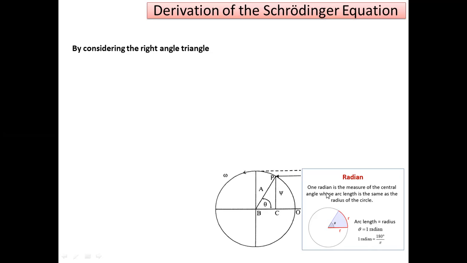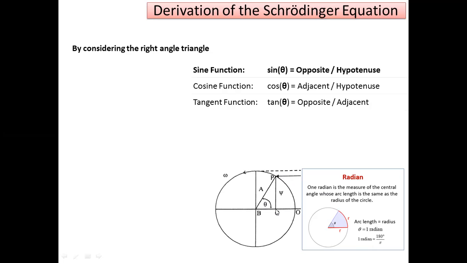So now consider this triangle, and you may draw a triangle on any part, but for simplicity I'm going to show it in the first quarter. This is the triangle P, B, and C. What is important here is this theta, and this may be sine theta, cos theta, or tan theta.